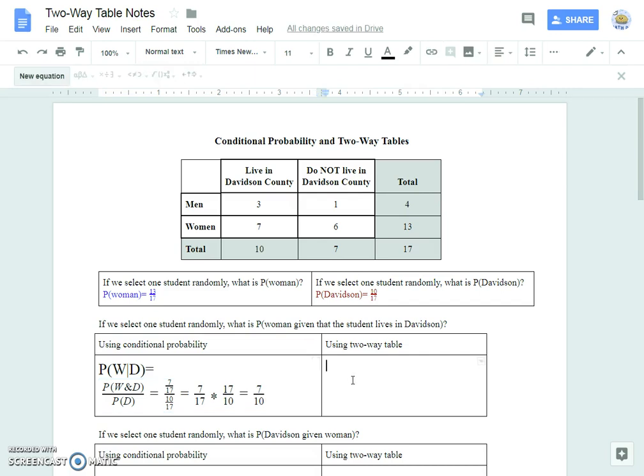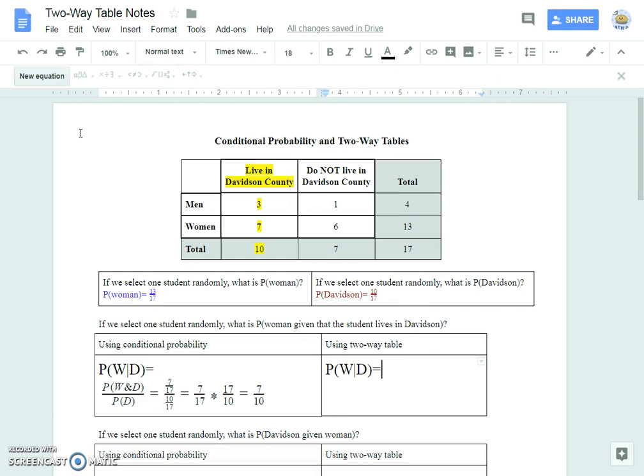Now we can also compute the same probability using the two-way table. The probability that they're a woman given that the student lives in Davidson County. What we know is that the student lives in Davidson County, so all we're really focused on here is that they live in Davidson County. I'm just going to highlight that column there. That is the important information, so that is all that we are paying attention to.